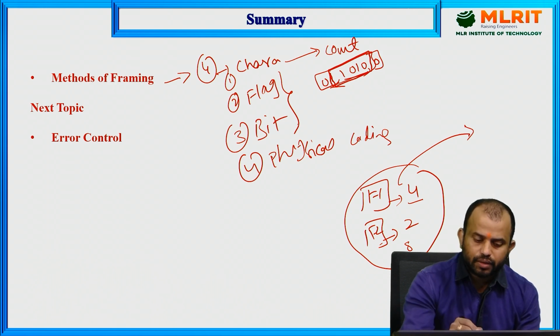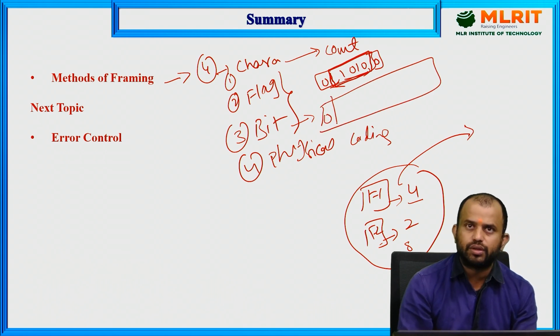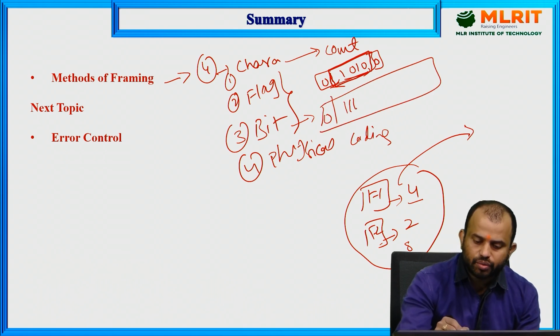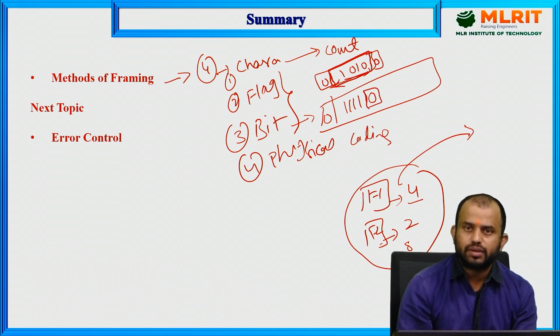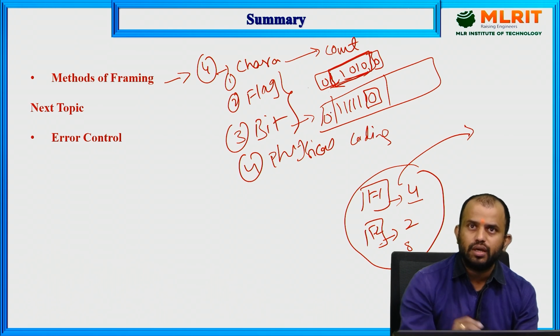In bit stuffing too, we don't bother about the frame length, but after 5 consecutive ones we must insert a 0 value; that is mandatory. That we call bit stuffing. In flag stuffing we insert before and after the information; in bit stuffing we insert between the information.